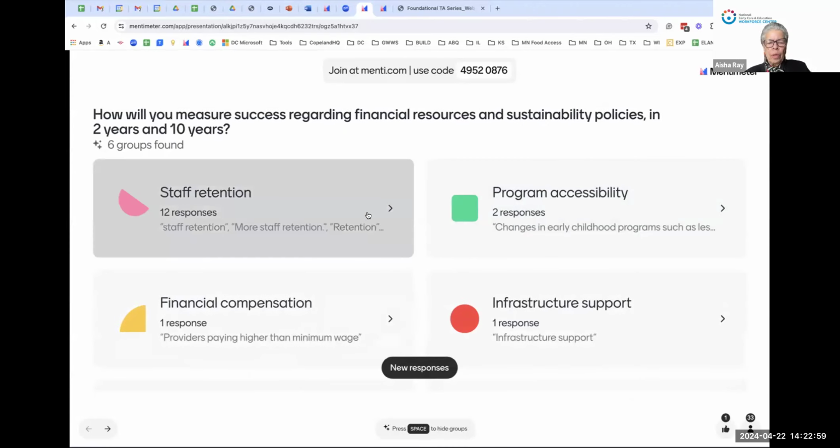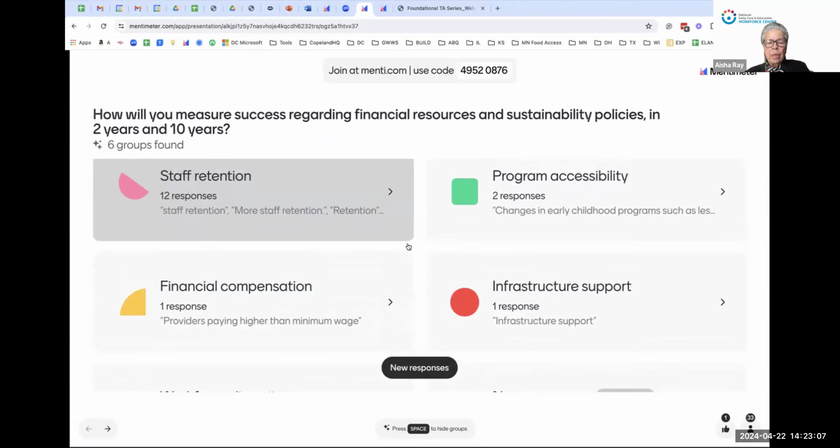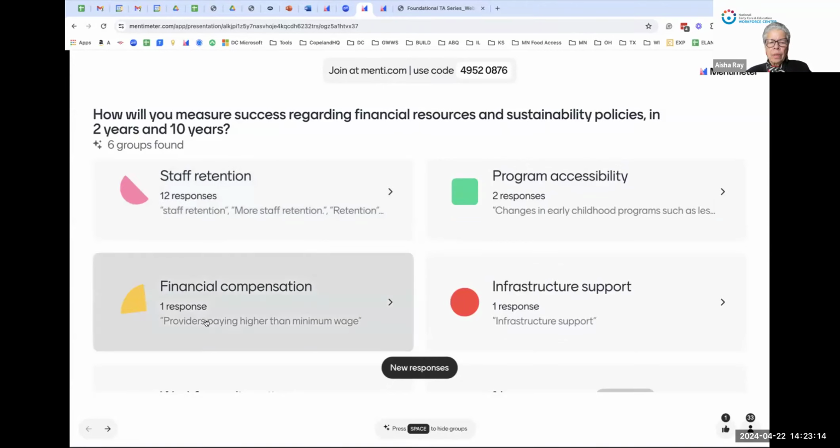New responses, okay. Staff retention, more staff retention. This is the 10-year result, Daisy. This is a summary of all the responses. Oh, summary of all, okay, of 2 and 10 or just of both of them or one of them?